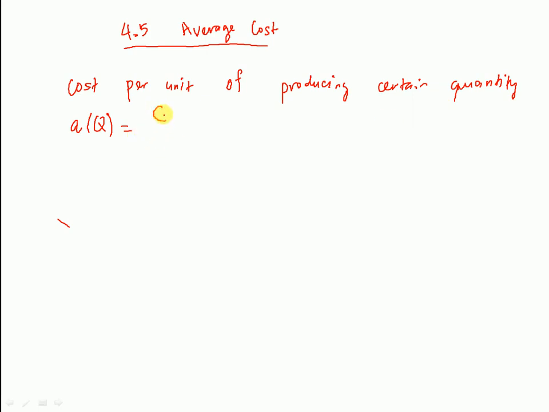So the average cost is equal to the total cost, C, also in terms of Q, divided by the number of quantity, or you can say total cost over the number of units.